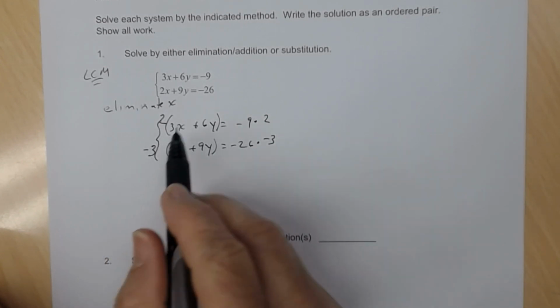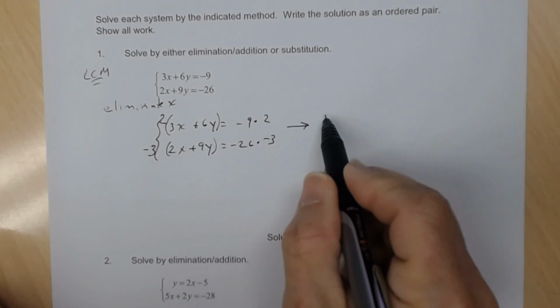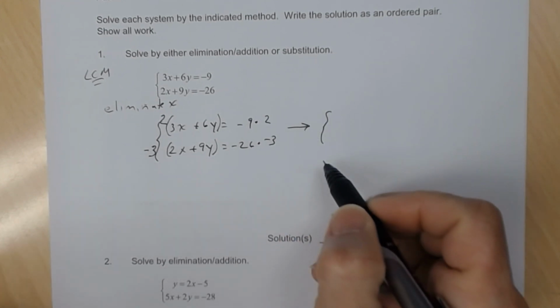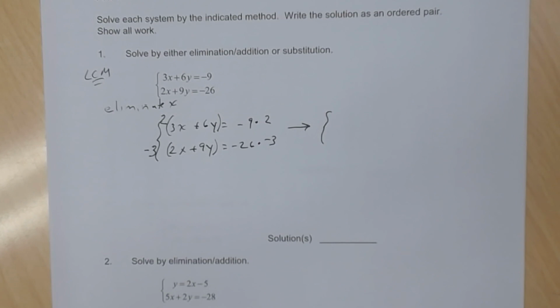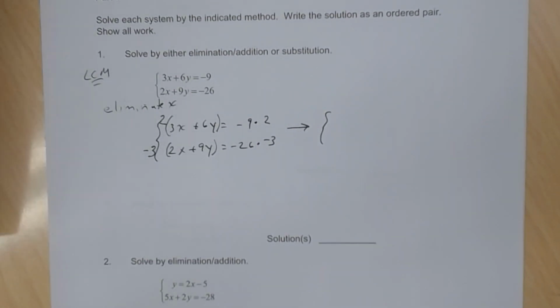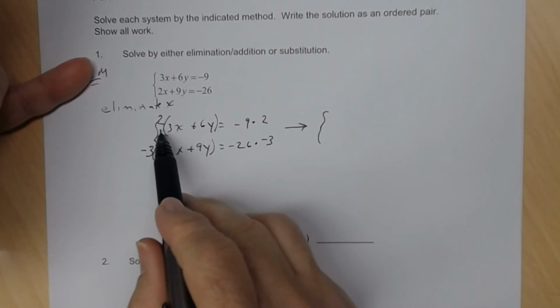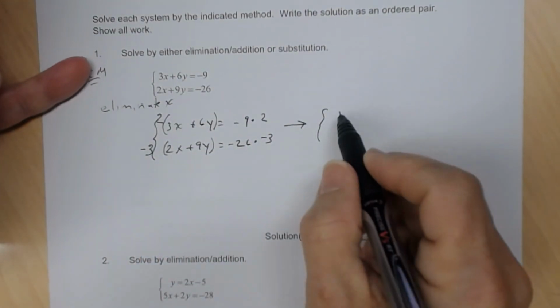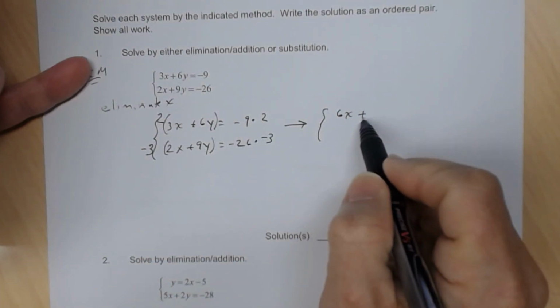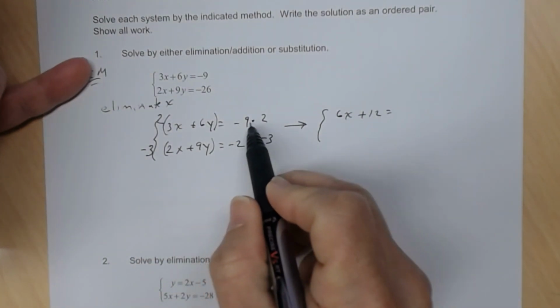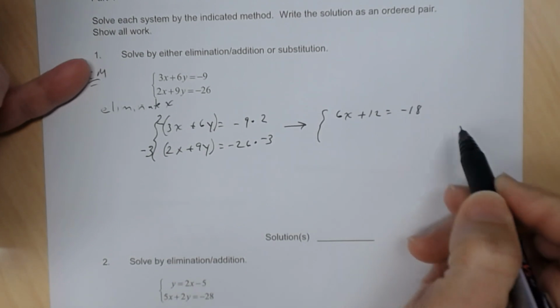All right, now let's go ahead and rewrite what I have. It's a good idea to use your calculator if you need to. When I distribute the 2, this becomes 6x, and then 2 times 6y is 12y, equals, and then negative 9 times 2 is negative 18.